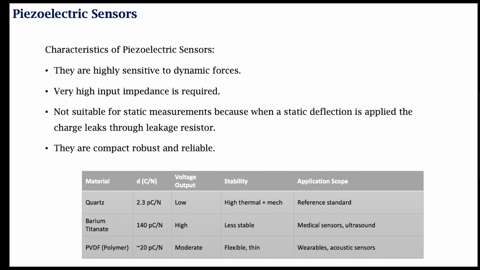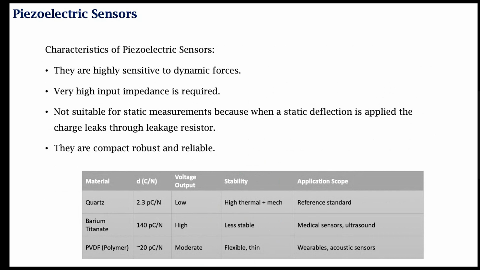We just discussed in the previous slide the amount of charge that is developed per unit force. These are some examples for barium titanate, quartz, PVDF. What you find is that for some material, for example, barium titanate, you are having very high sensitivity and voltage output, but the problem is that they are not very stable.